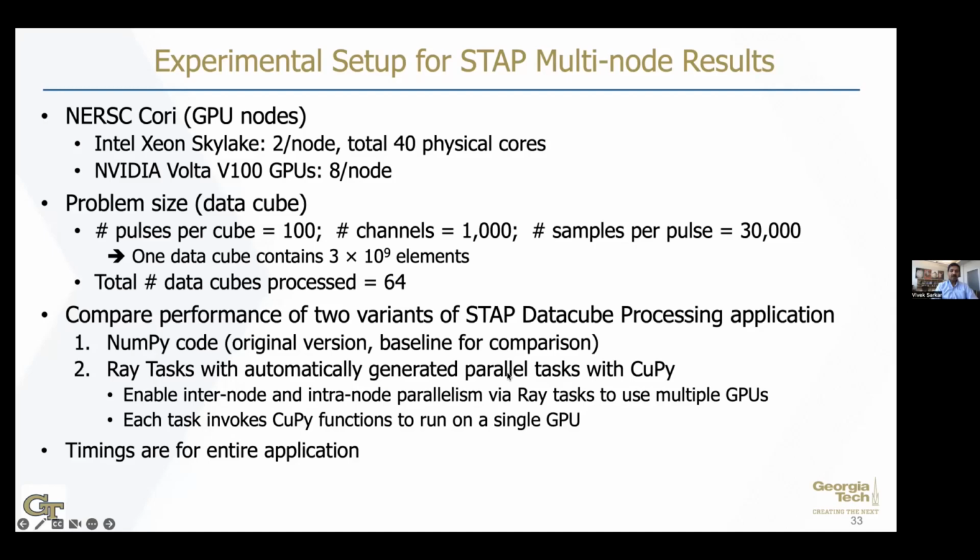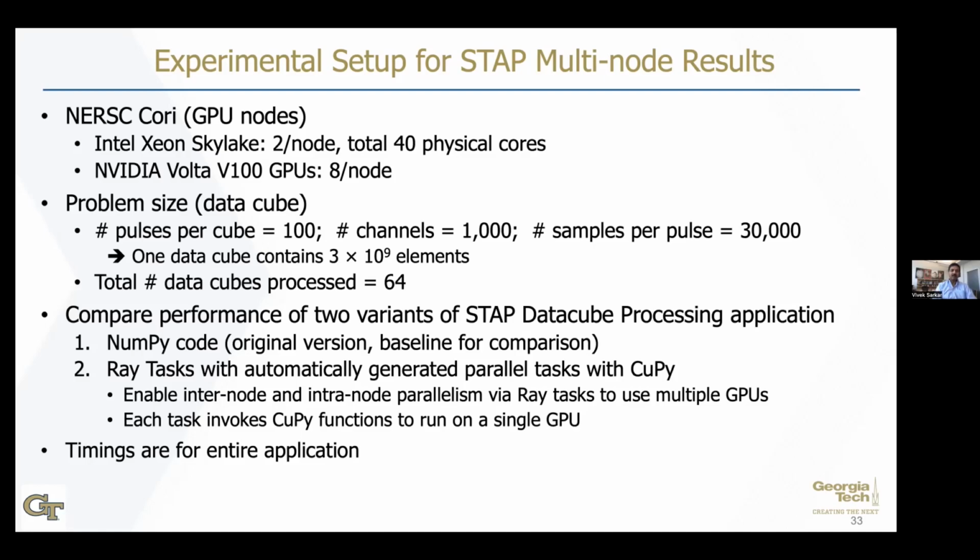So let me talk briefly first about this application, which is the space-time adaptive processing. It's a radar application where they have a need to process data cubes of size 100 by 1000 by 30,000. So that's 3 billion elements.